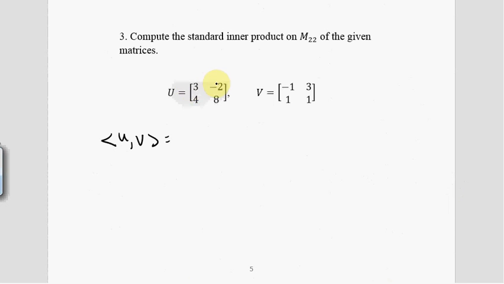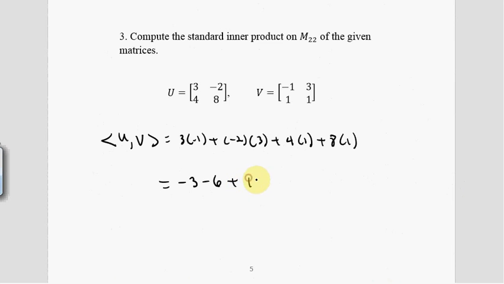So it's going to be 3 times negative 1 plus negative 2 times 3 plus 4 times 1 plus 8 times 1. So we get negative 3 minus 6 plus 12. So here we just get 3.